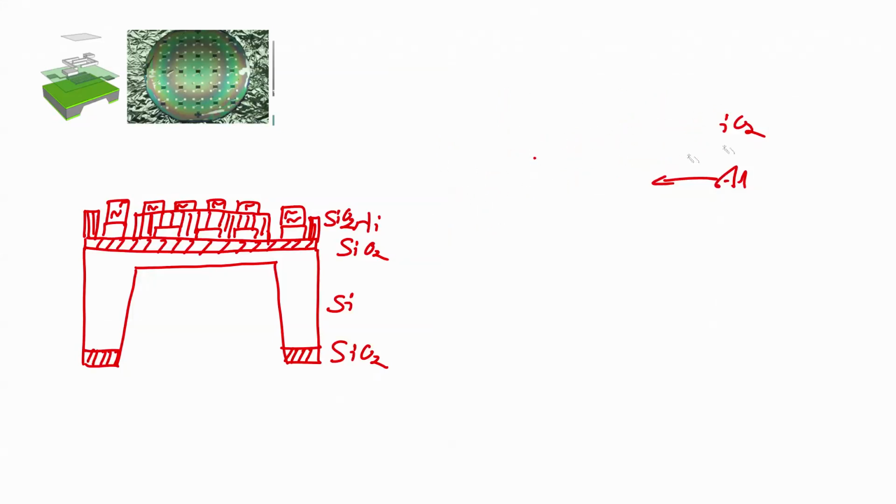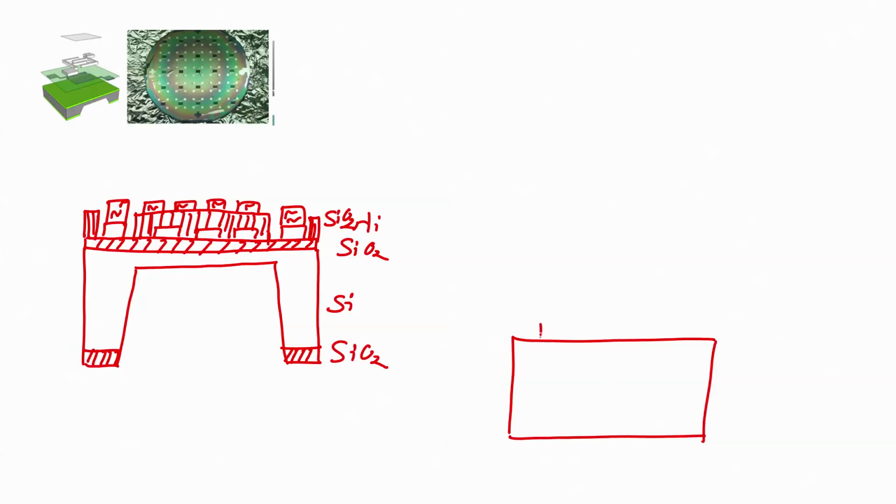Alternative technique would be, if I want a wafer with aluminum and SiO2 only in this part, then how about this?